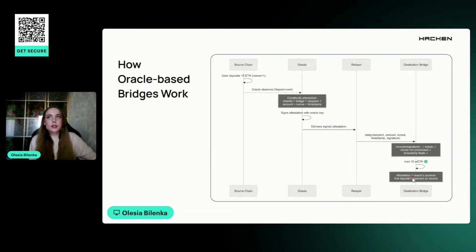The next trust model is oracle-based bridges. Instead of a validator set, there is a single trusted oracle like Chainlink or any other. A user deposits on the source chain, the oracle observes the deposit event and constructs an attestation, which includes chain ID, bridge, recipient, nonce, amount, and timestamp. This timestamp is when the event was observed.